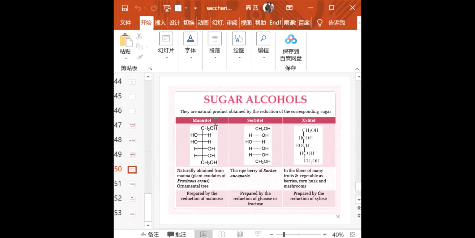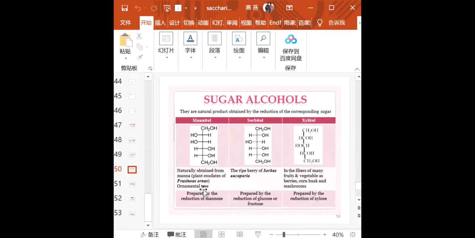To name a few of them, there are three. First one is mannitol, and it's prepared by reduction of mannose, right? Its corresponding sugar is mannose.